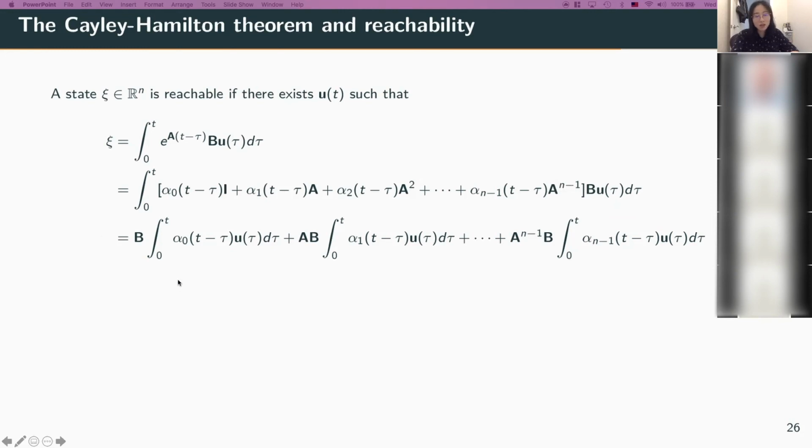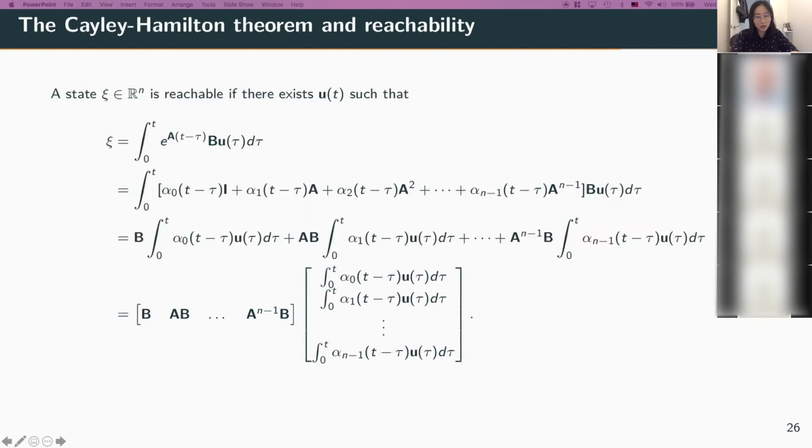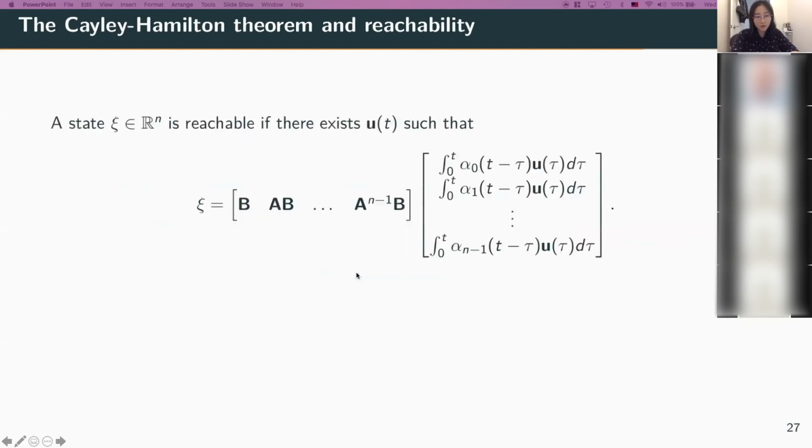And then this is essentially just the inner product between this matrix and this matrix. So essentially this is just what we saw earlier. This is the controllability matrix. And this is some matrix with linearly independent rows.